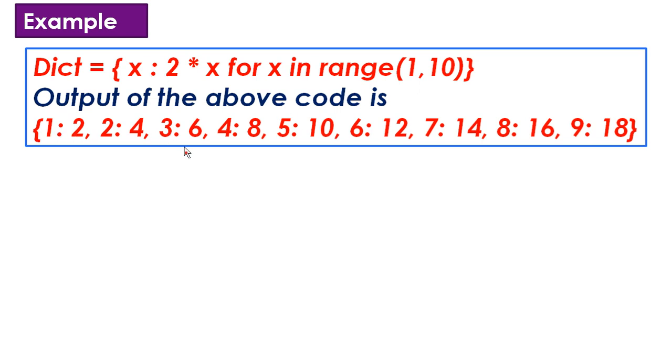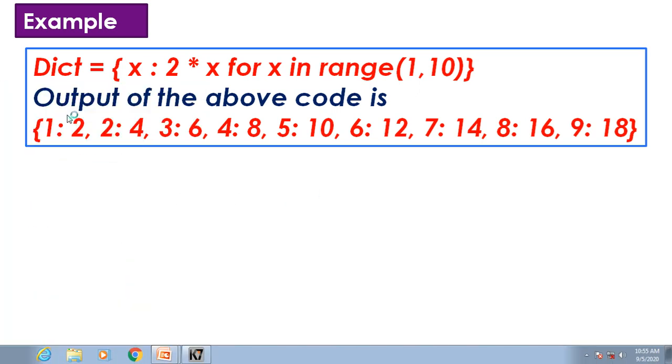So 1, 2, 3, 4 up to 9 are the keys, followed by colon 2, 4, and so on. These are the values of the keys. 2 is the value of key 1, 4 is the value of key 2. Similarly, 18 is the value of key 9. This is generated by using 2 into x. The first x value is 1, so 2 into 1 is 2. The second x value is 2, so 2 into 2 is 4. Up to the 9th value, 2 into 9, that is 18.